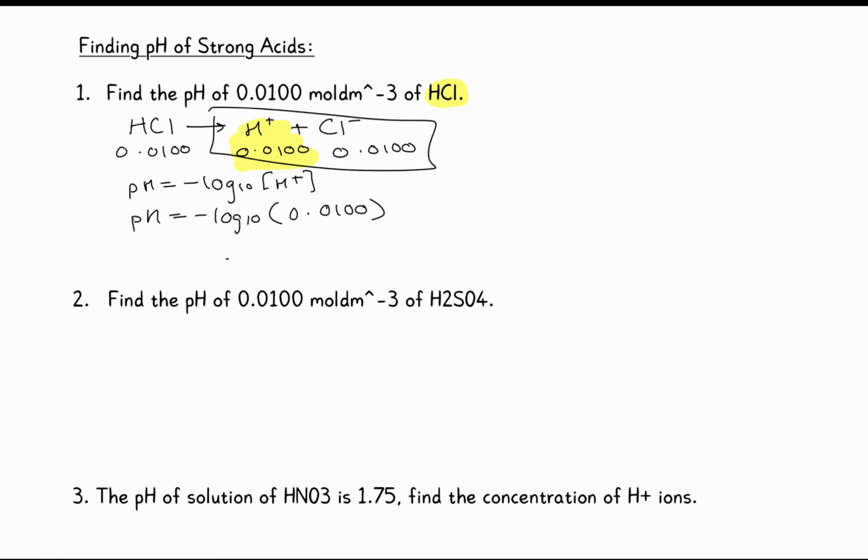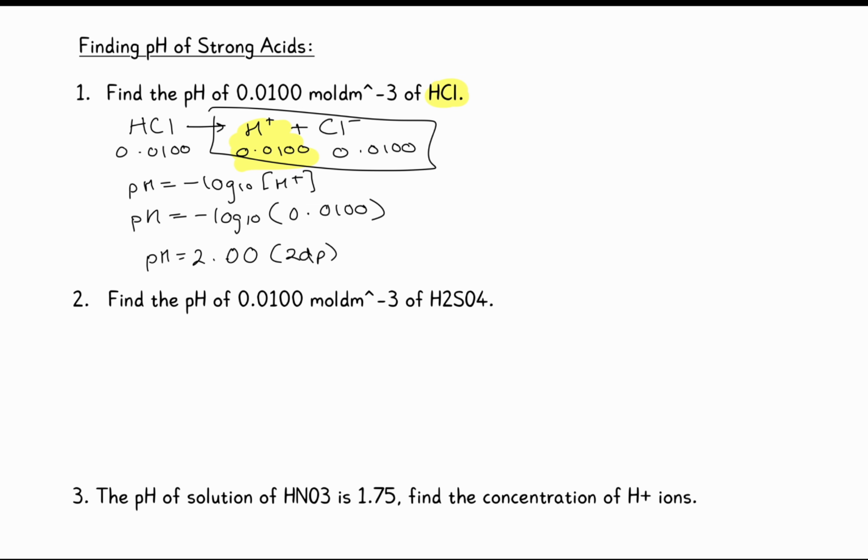Because you put a number in, you can now use round brackets. So minus log 10 of 0.01, and that's giving me a pH of 2. Now it's giving me a pH of 2, but I have to put 2.00 and make sure it's in 2 decimal places. Let's have a look at the next one.